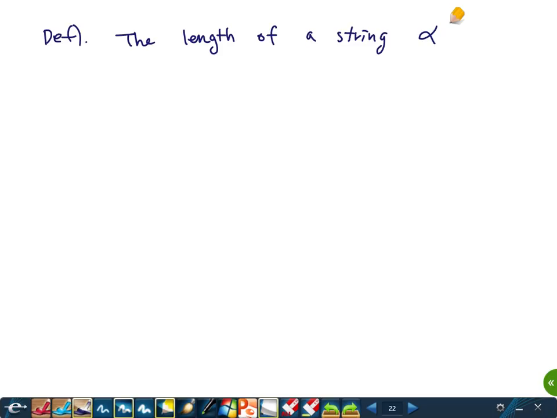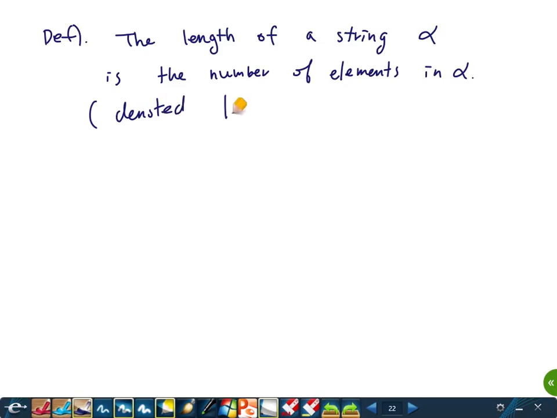That's the number of elements in alpha, like the length of a word. And the length is denoted by absolute value bars around alpha.